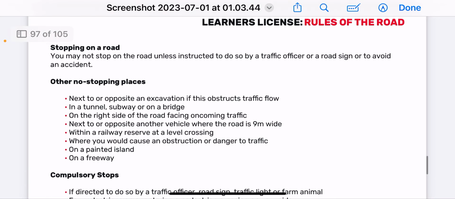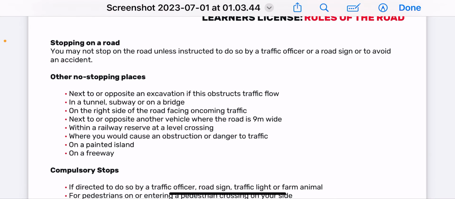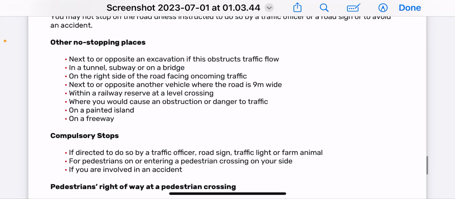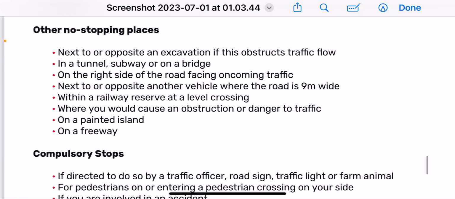Moving on to stopping on a road. You may not stop on the road unless instructed to do so by a traffic officer or road sign, or to avoid an accident. Okay? Then there are other no stopping places, such as next to or opposite an excavation if this obstructs traffic flow. You do not park in a tunnel, subway, or bridge.